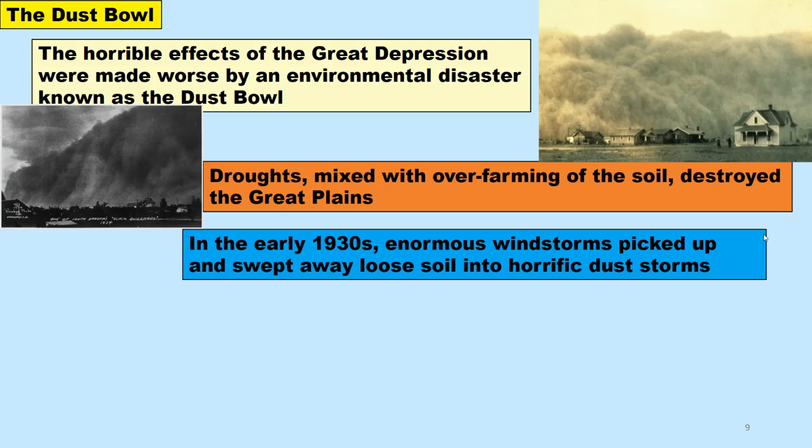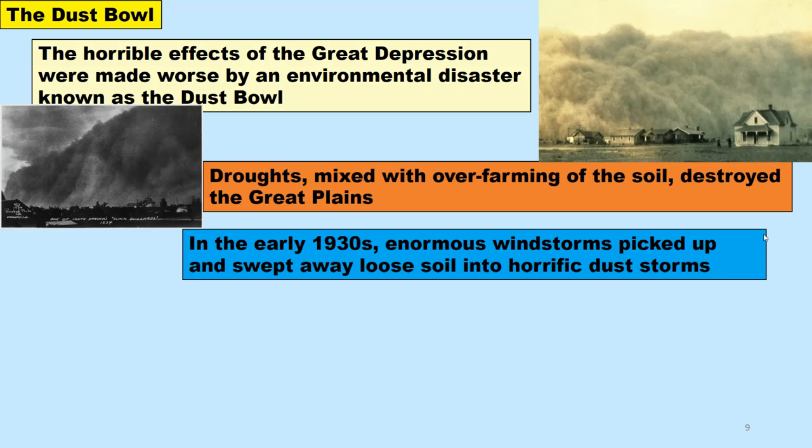There are stories of people being in pitch dark for days in the middle of one of these dust storms. They would cut open cattle after a dust storm that died of asphyxiation, right? And their stomachs and esophagus and lungs would just be full of dust and dirt and soil.